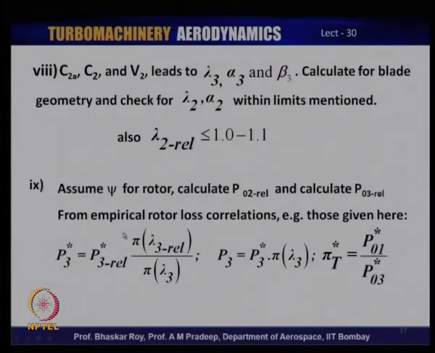So, that gives us the P3 design value with reference to the P3 relative. P3 of course, is the absolute value, and with the help of the various correlations that we need to inevitably make use of, we get the turbine pressure ratio P01* by P03*, where the star represents the design value.